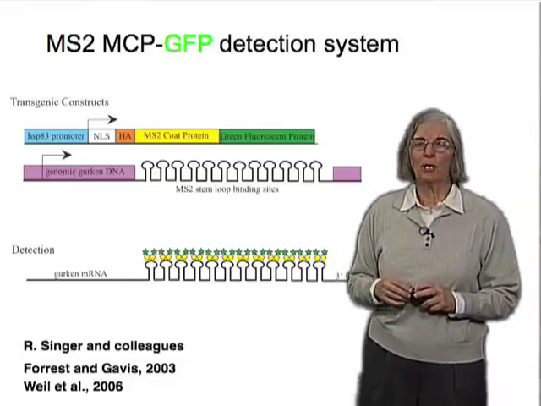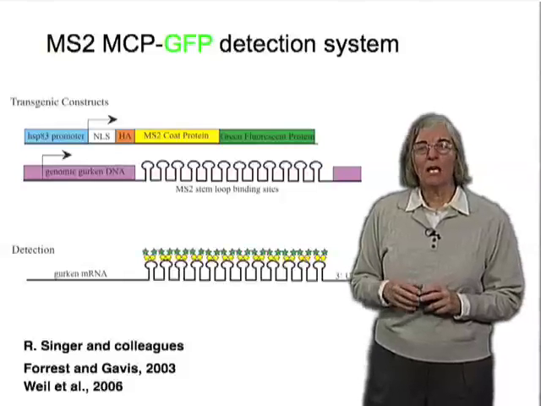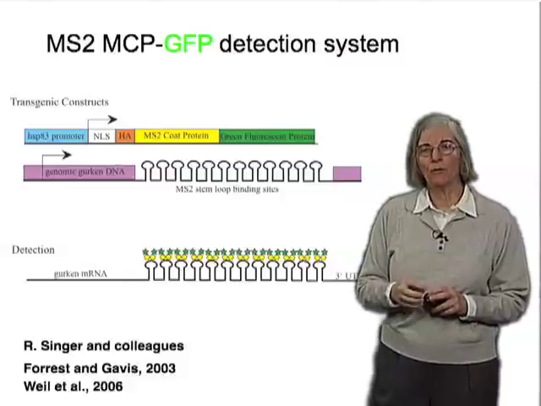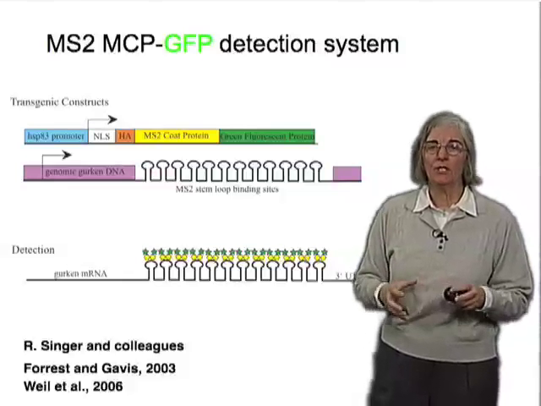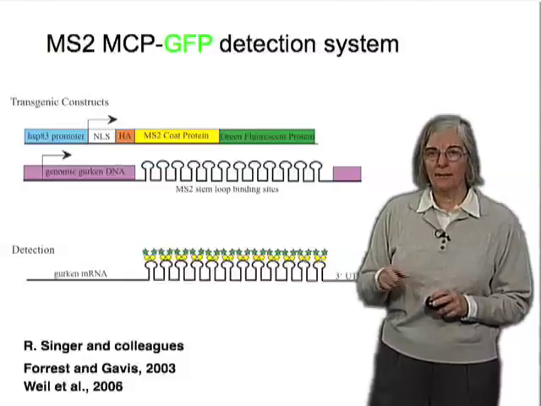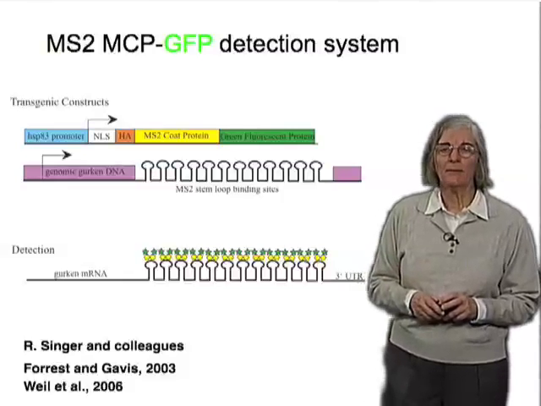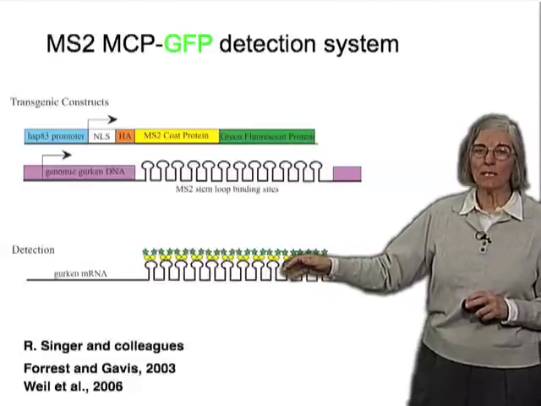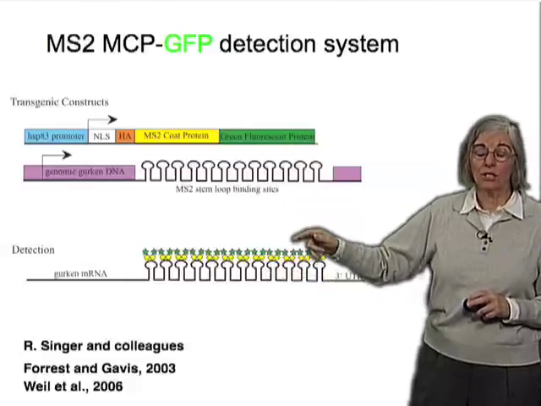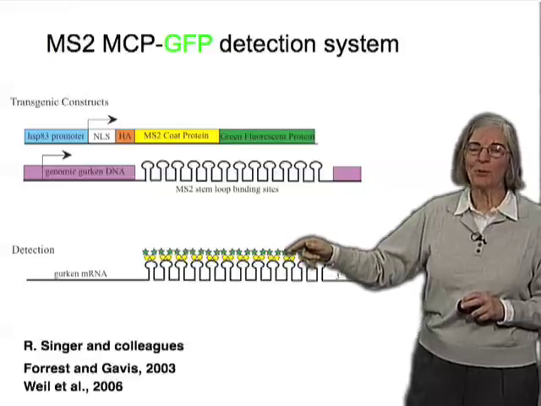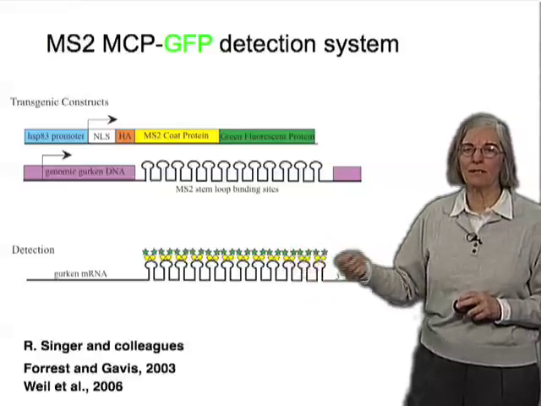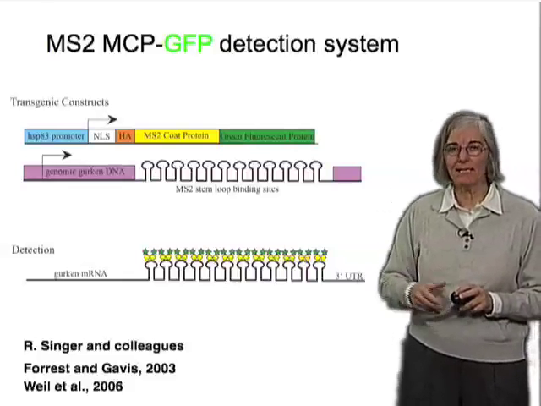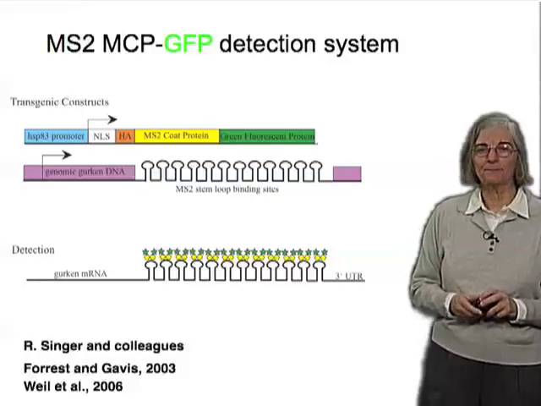So the second part of the labeling system involves the viral coat protein, now fused to GFP, which is co-expressed with the marked RNA. And when both of these parts are together in the same oocyte, the GFP-marked coat protein will bind to the stem loops and thus mark the live RNA so that we can see under the microscope where it is.